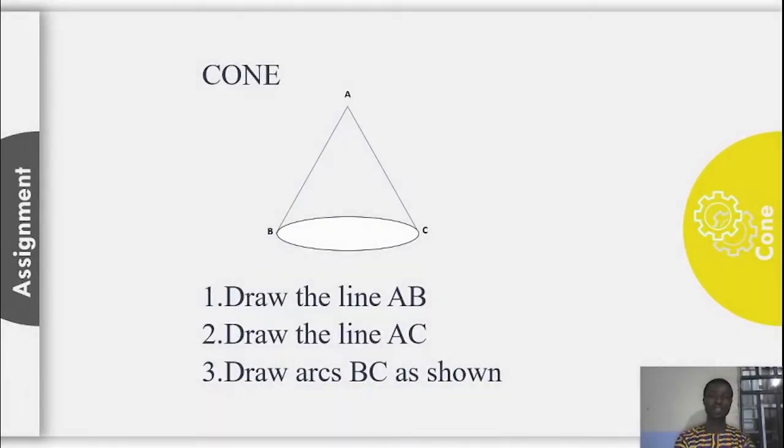The first one is the cone. I see the cone, A, B, and C. The 3 points A, B, and C. To draw a cone, first of all, you put your ruler, draw line AB as shown on this diagram, line A and line B. Okay?